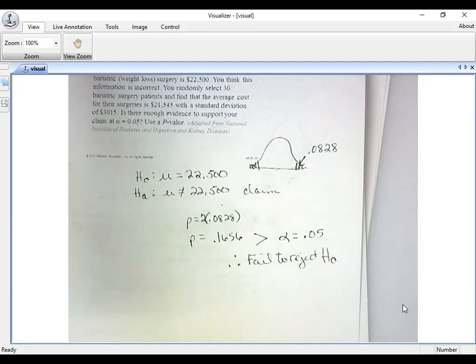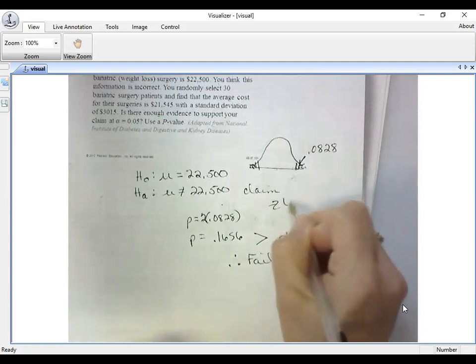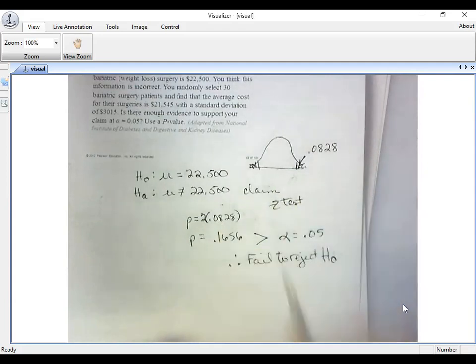The alternative hypothesis. And then, if you sketch it out, you're ready to go to stat tests, and you can do the z-test, which is what we're doing here. But you do have to be careful. If it's a two-tailed test, you've got to remember that this p-value that I'm getting is going to be, oh, actually, you know what?